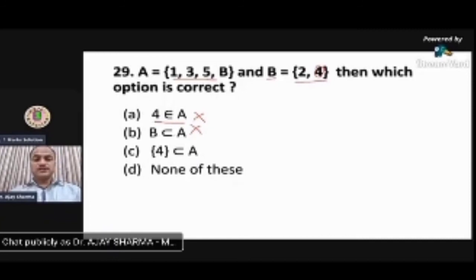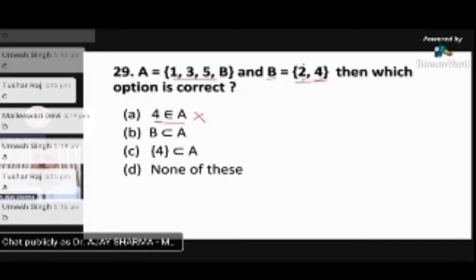B is a subset, so these elements should lie in A. When we say B subset A, it means the elements inside B, 2 and 4, should lie here. Do they lie here? They don't, so certainly not a possibility.